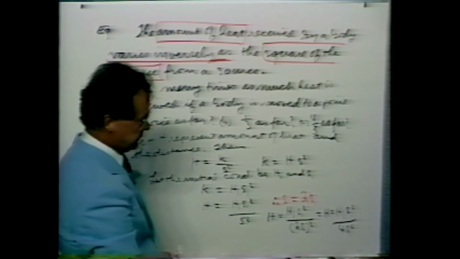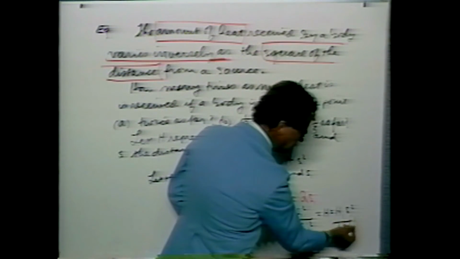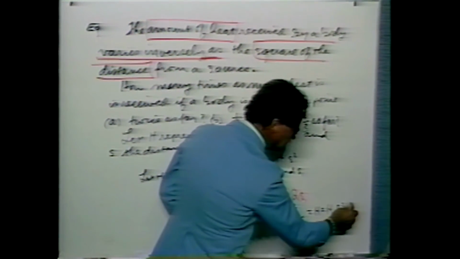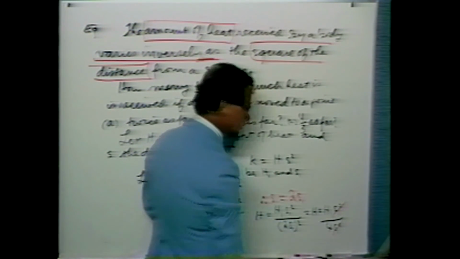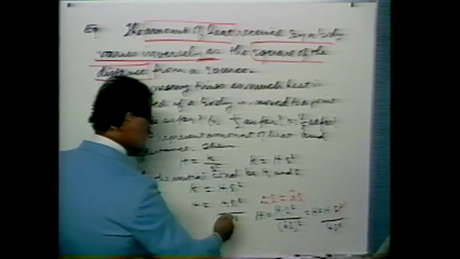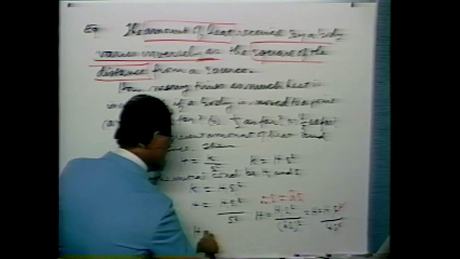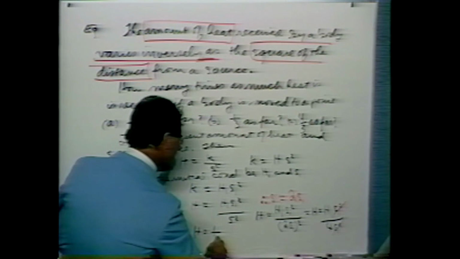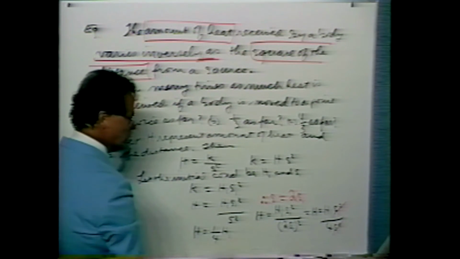Now look at what we have here. We have a fraction in which S1 squared is located there, and that can be canceled because between them that equals 1. Our final result is therefore that H is equal to 1/4 of the initial value for H, H1.